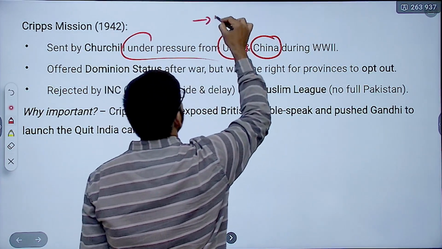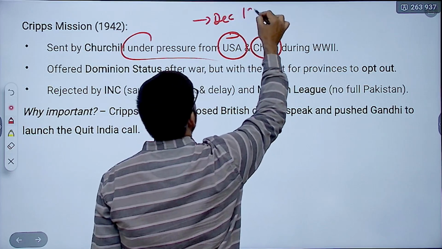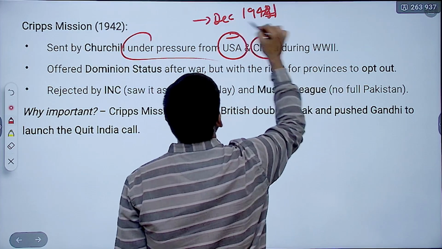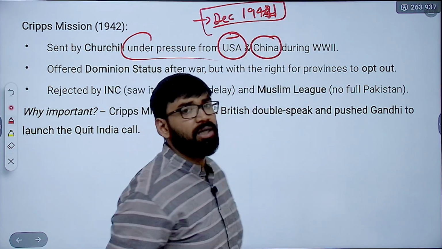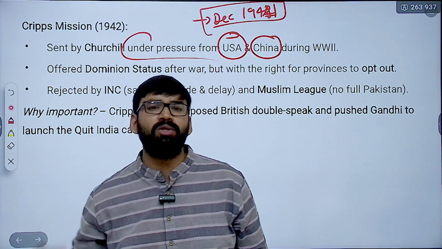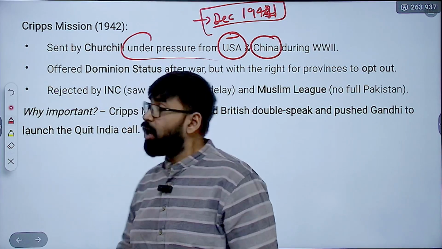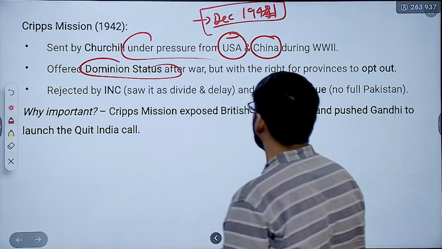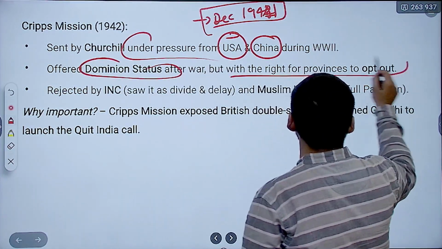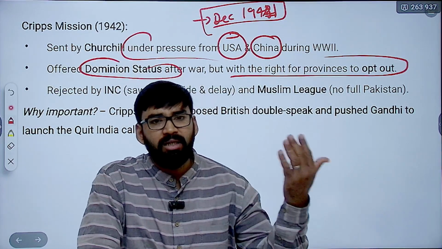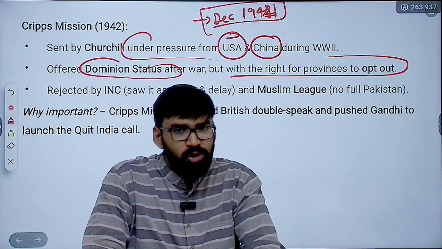Because, in December 1941, Japan attacked Pearl Harbor, which made the US enter the Second World War. Now, this Cripps Mission offered dominion status after the war, but with the right for provinces to opt out.